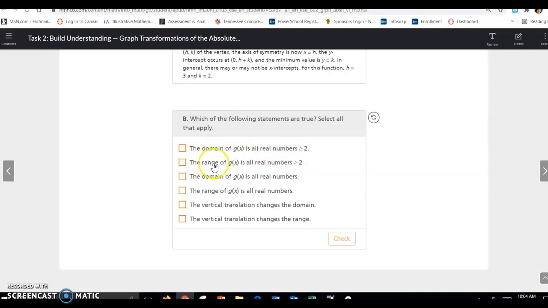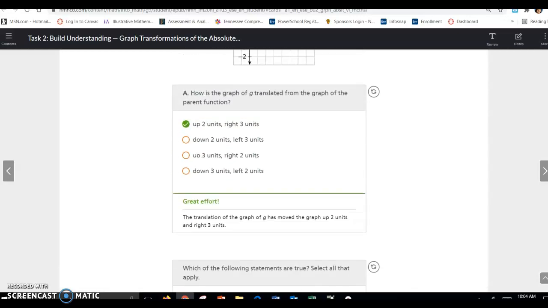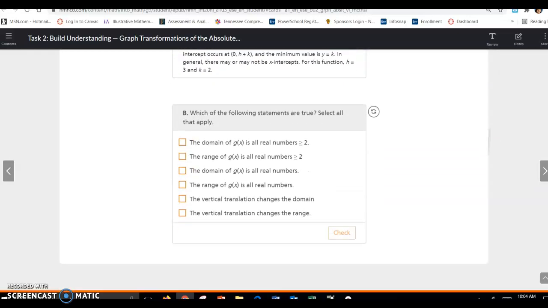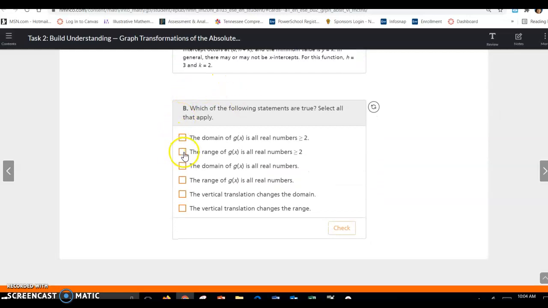The range is all real numbers greater than or equal to 2. The range is everything above 2, so greater than or equal to 2 is true for the range. The domain is all real numbers. The range of g of x is all real numbers. That's not true.